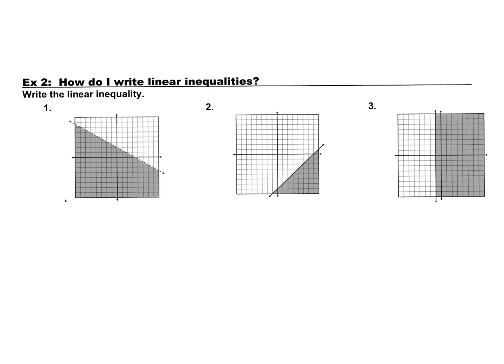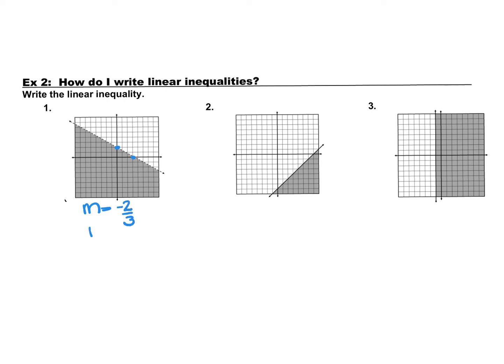All right, so how do I write linear inequalities? Well, remember when we wrote these inequalities, we needed two things. We needed the slope and we needed a y-intercept. So let's identify both of those. Our slope looks like, here are 2 points, I'm going down 2 over 3.